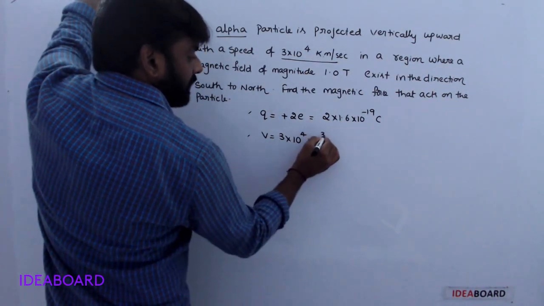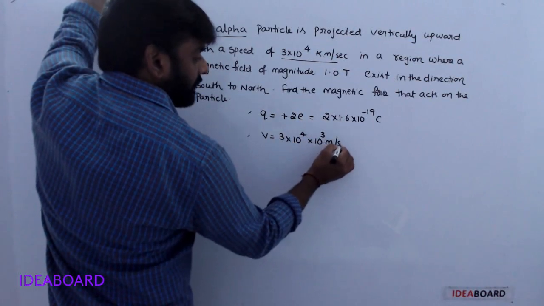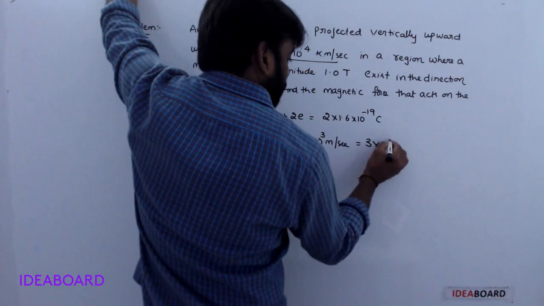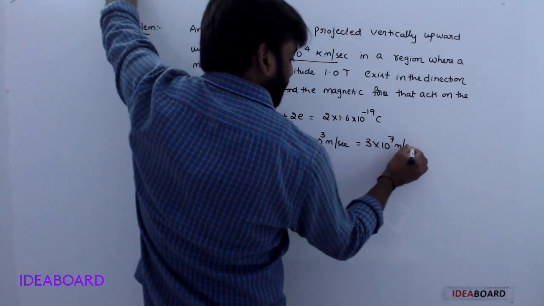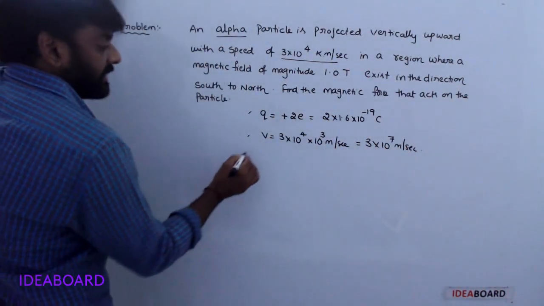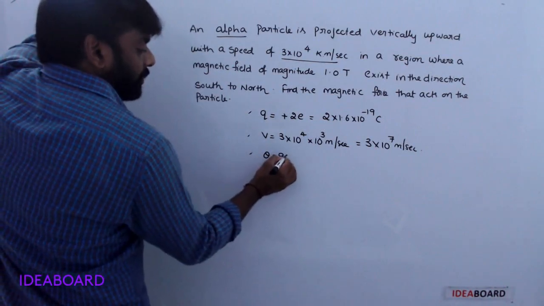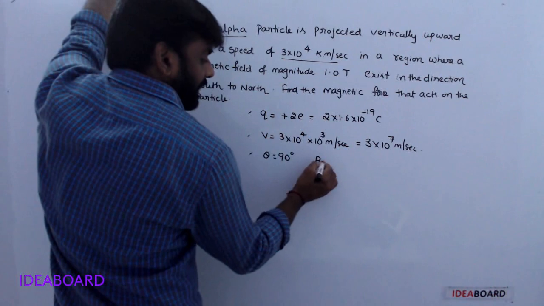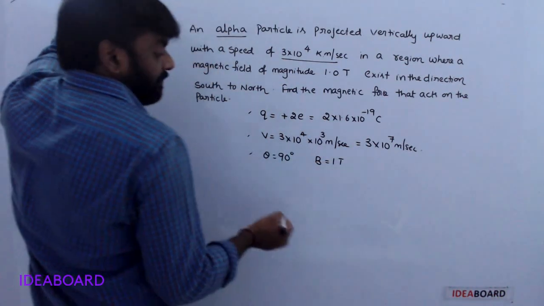Kilometer means 1000 meters, so 3 into 10 to the power of 7 meter per second. Theta is equal to 90 degrees. B is equal to 1 Tesla.